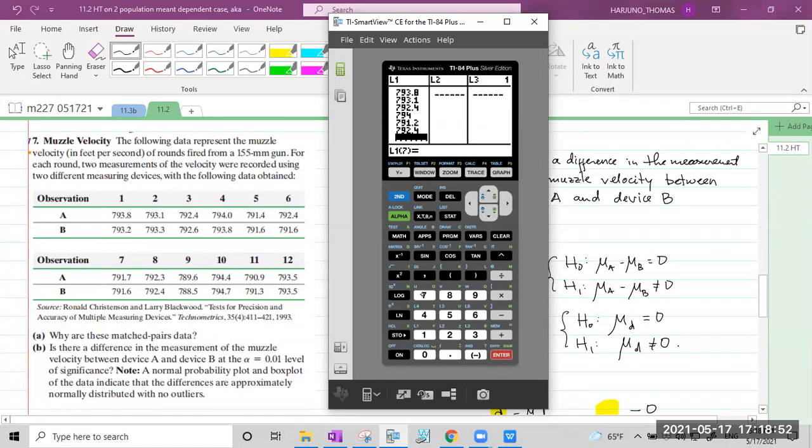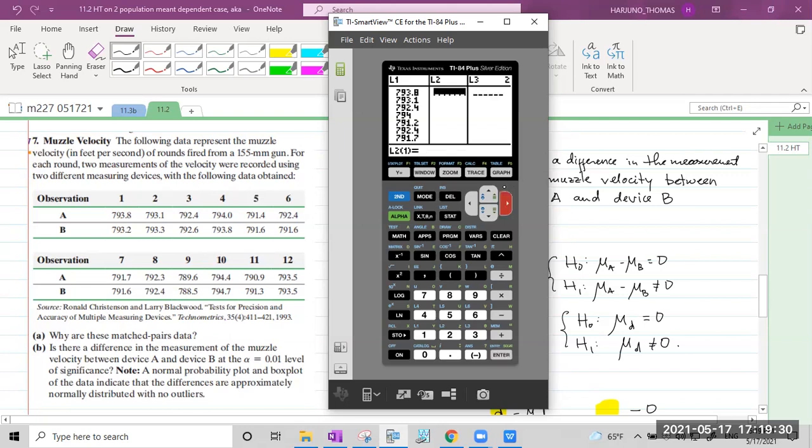The seventh, 791.7. The eighth, 792.3. The ninth, 789.6. 794.4. 790.9. And 793.5. So those are the data from observation A.